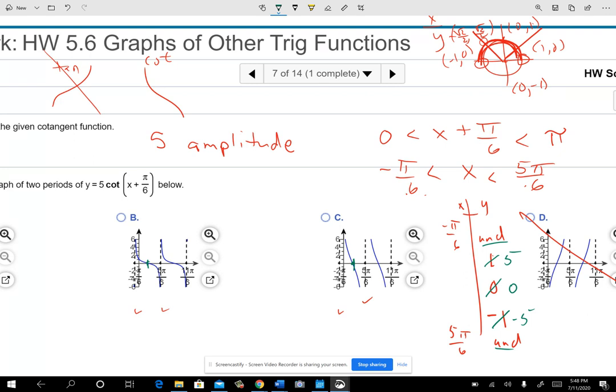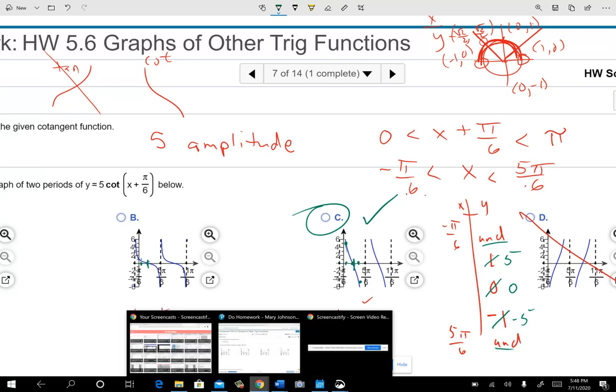Then I need to see which one's been stretched, so that halfway between these two, which would be about right there, that I go all the way up to 5 and all the way down to negative 5. So it looks like this one, okay? This one looks like the regular cotangent that hasn't been stretched. When you're halfway in between, it looks like you're only at 1. So your answer should be C, okay?